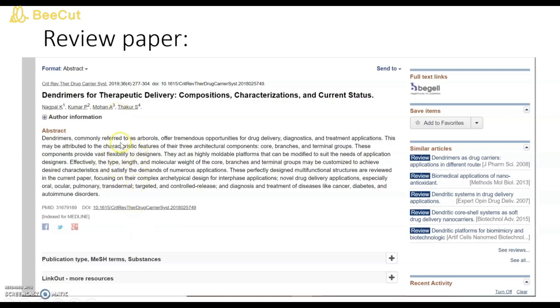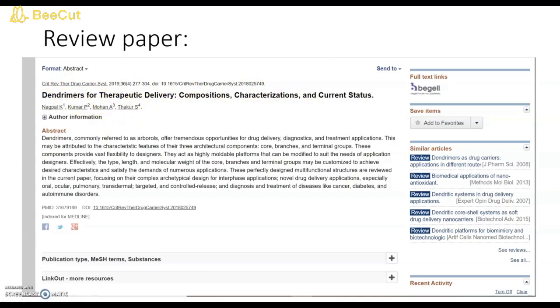Suppose look at this particular example, the title of this work is Dendrimers for Therapeutic Delivery, composition, characterization, and current status. So whatever is related to the composition, the characterization, and current status of dendrimers, which are actually used for therapeutic delivery, all that work is actually summarized.